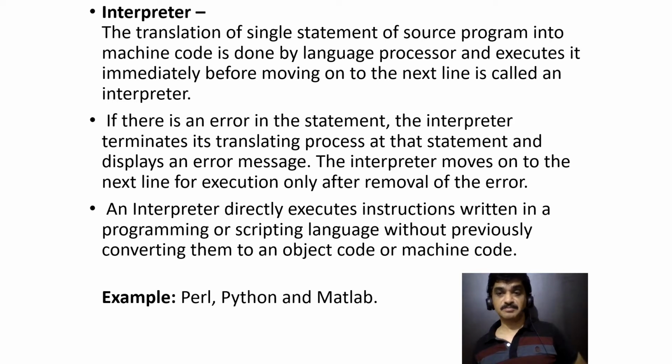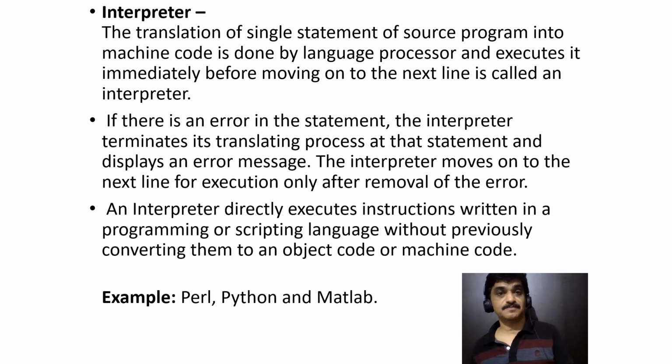If you see what the compiler did, it used to read the bulk data. Then if it found some errors, it used to stop, and after the removal of the errors, it used to proceed further. Here in the interpreter, it reads the data or the source code line by line.